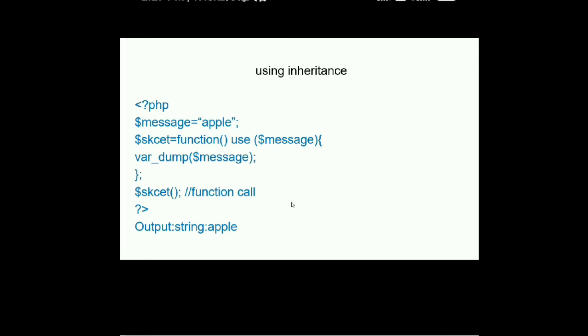You can see here, after function, I use the keyword use, and after that I mention the name of the variable, message. That means I can use this message inside the function. Are you able to understand? Clear? So now if I call it, I will get that message value inside this function. That means apple can be printed over here.